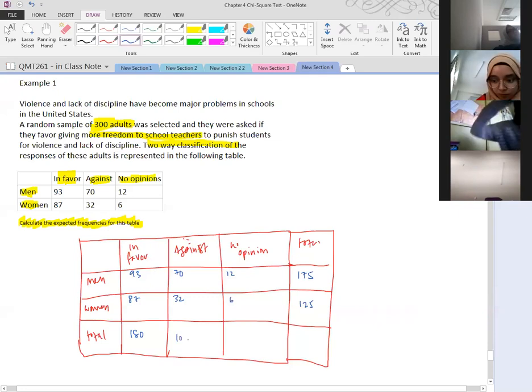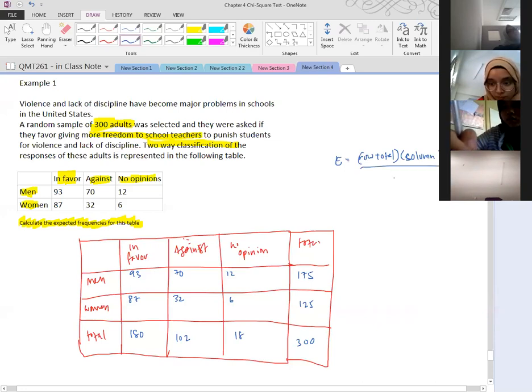This is 102. This is 18. The grand total is equal to 300. So now, if we want to find the expected frequency, it is equal to row total multiply with column total divide by grand total.